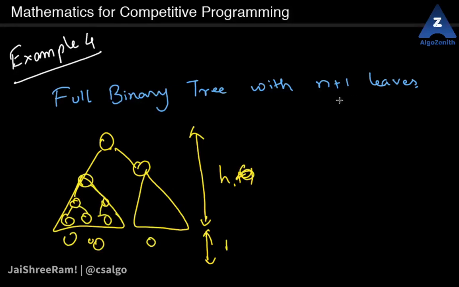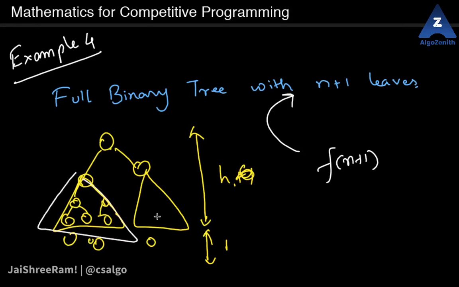Now we need to put n plus 1 leaves into this. So when we need to put n plus 1 leaves into this, this also resolves into finding f of n plus 1. And as you can see, you can put 1 into this particular half and the rest into this, 2 into this particular subtree and the rest into this, and so on.